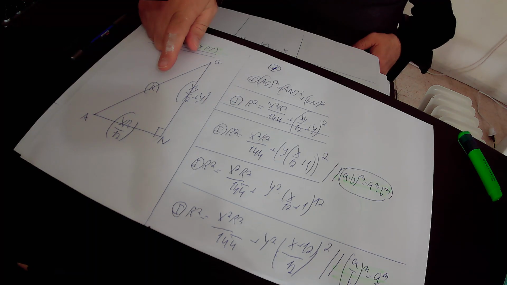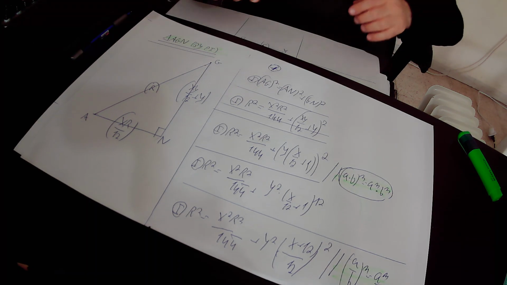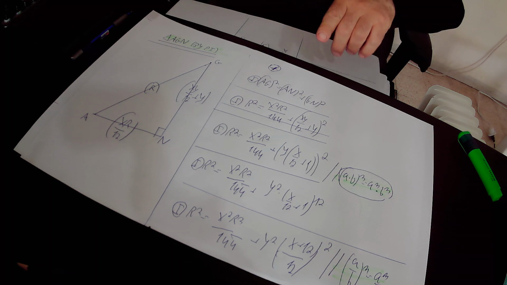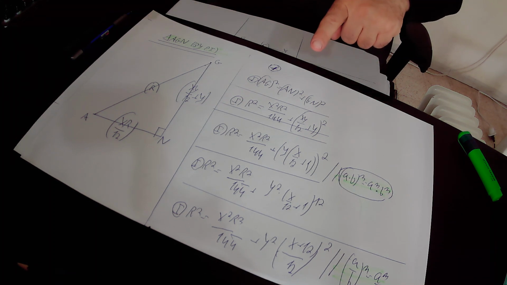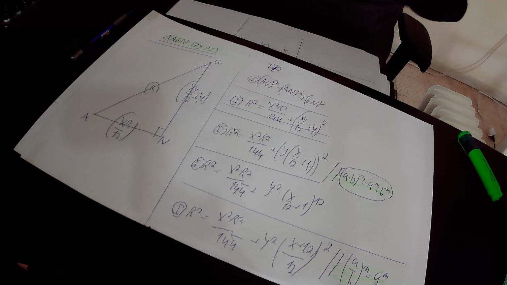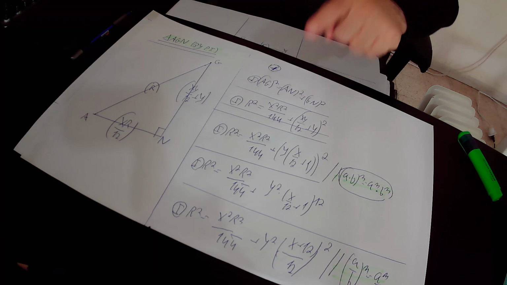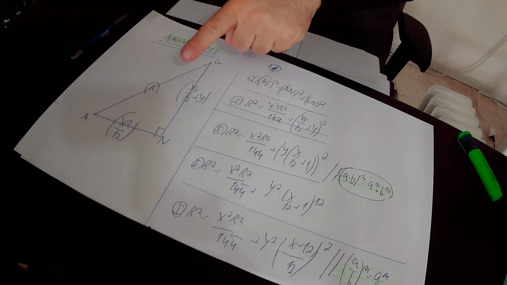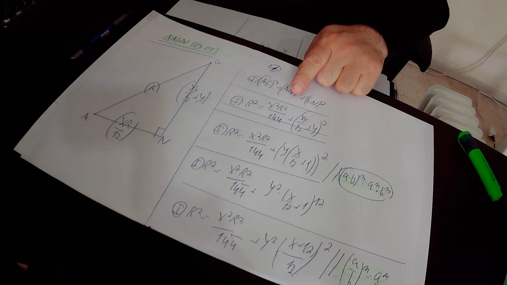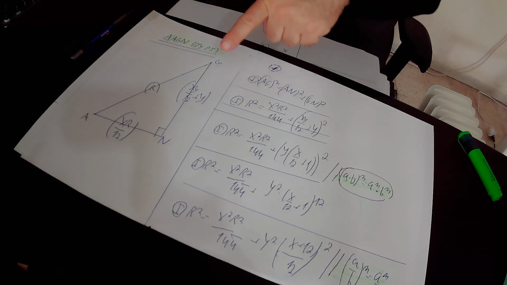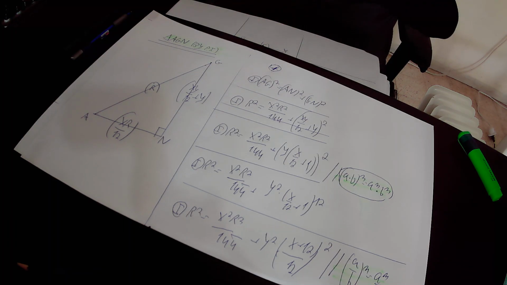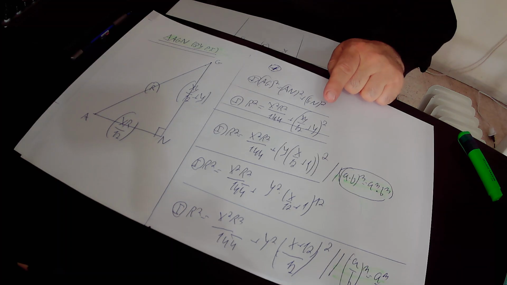NA is xr over 12, therefore NA squared is xr over 12 squared. Xr over 12 squared equals x squared times r squared over 12 squared, that's 144. So in total, r squared equals x squared times r squared over 144 plus GN squared. GN is xy over 12 plus y, therefore GN squared is xy over 12 plus y, squared.